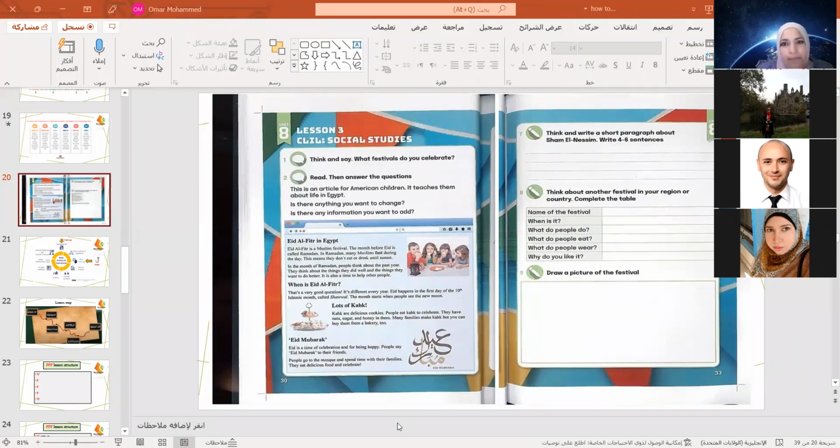Clearly, and simple. Thank you, Ms. Azza and Ms. Rania. Okay, thank you for sharing all of these wonderful ideas about this lesson. And a student will be able to get ideas about Eid al-Fitr and Ramadan month. So, get ideas.